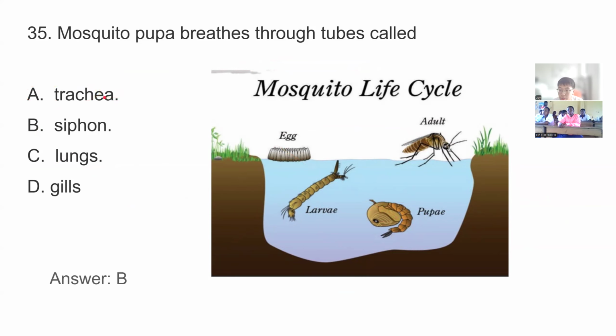Trachea is the windpipe for mammals. So we have the trachea, as air comes in from our nose or mouth and goes down the trachea. Again, lungs are for mammals. We always have lungs, consisting of alveoli, that help us exchange oxygen. And then gills are for fish.